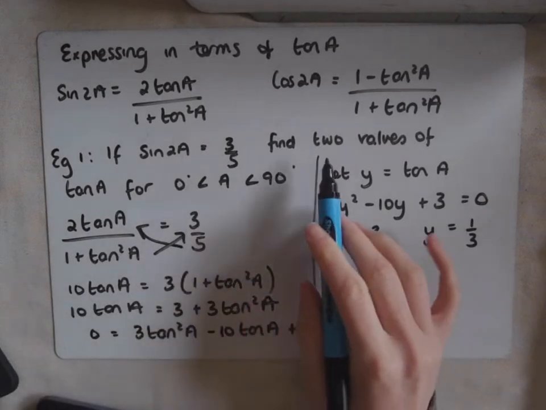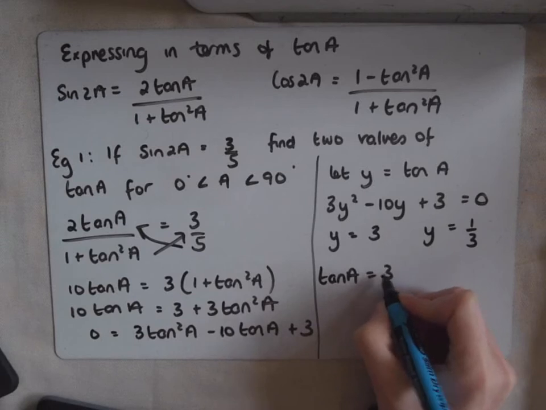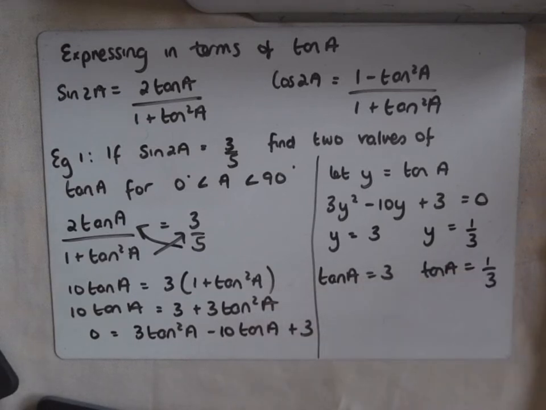Okay, now find two values of tan of a. Well, tan of a is 3 or tan of a is a third. They didn't ask me for what a was, they just wanted what tan of a was. Does that make sense? Yeah. Yeah, thank you.